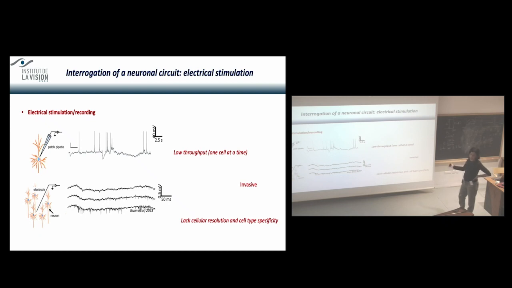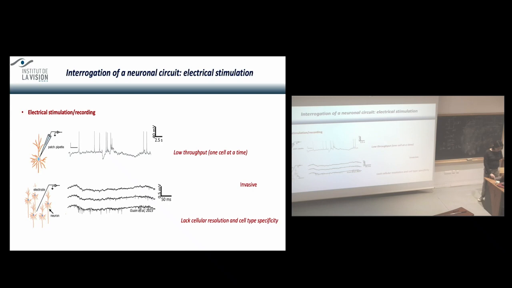You will understand this better afterwards. It means that if I place an electrode, eventually all the cells that fall in the stimulated area are going to be activated, or they are going to be recorded. And in both cases, those approaches are invasive, because you really need to be in physical contact with the part of the brain you want to manipulate.